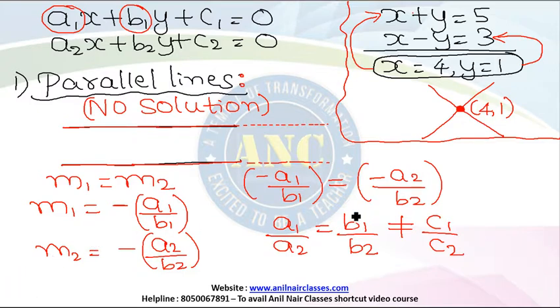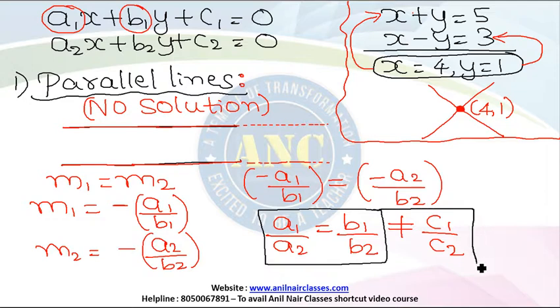For parallel lines, x and y coefficients will be same for both the lines, and the constant coefficient will be different. That is the reason it is not equal to c1 by c2. So the condition for two lines to be parallel is nothing but a1 by a2 should be equal to b1 by b2, and that is not equal to the constant ratio c1 by c2.